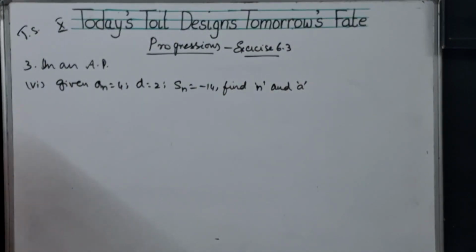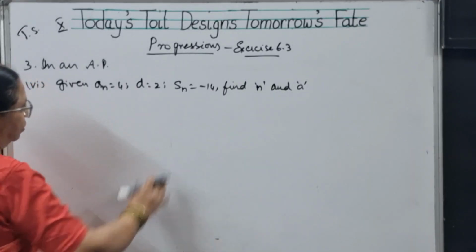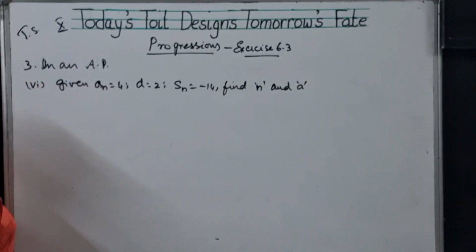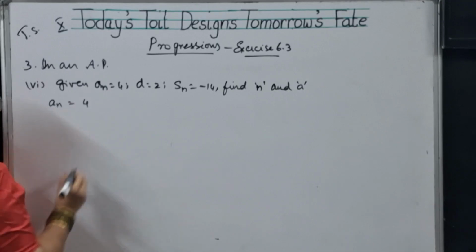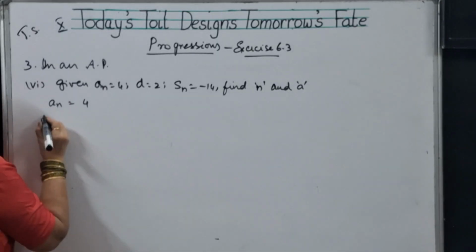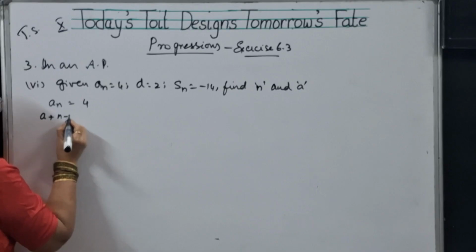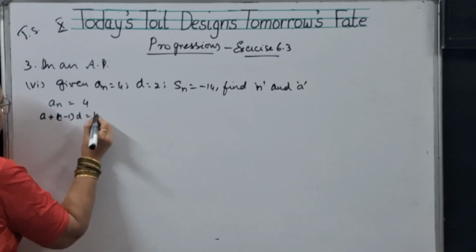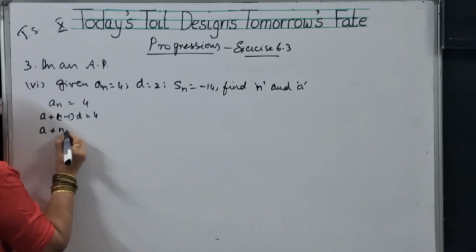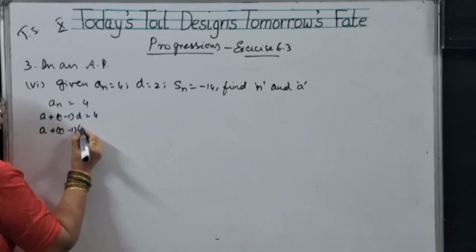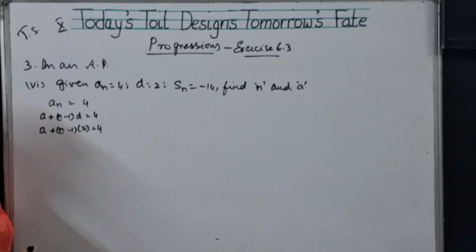Now sixth bit, children. Given an is 4 and d is 2, and also Sn is minus 14, you need to find out n and a. So an is equal to 4. What is an? an means a plus n minus 1 into d is equal to 4. That means a plus n minus 1 into d, which is 2, is equal to 4.